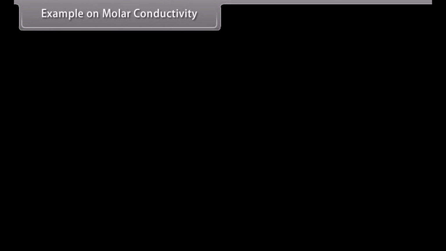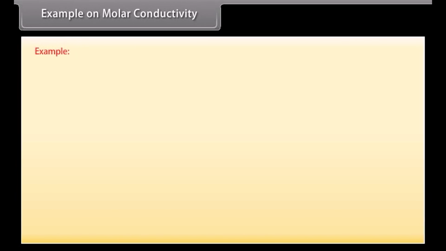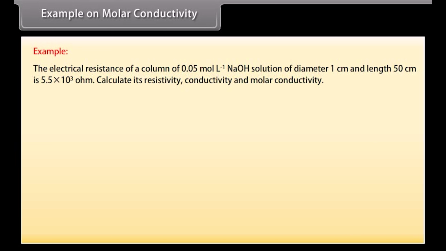Example on molar conductivity. Let's take an example of molar conductivity. The electrical resistance of a column of 0.05 mole per liter NaOH solution of diameter 1 centimeter and length 50 centimeter is 5.5 × 10^3 ohm.